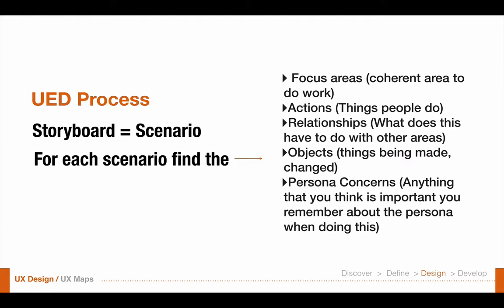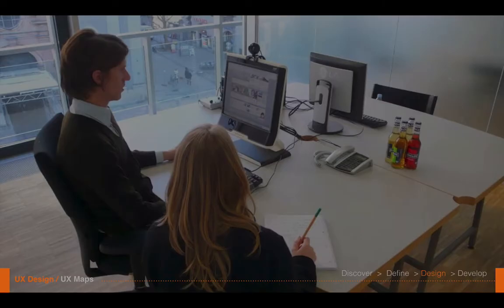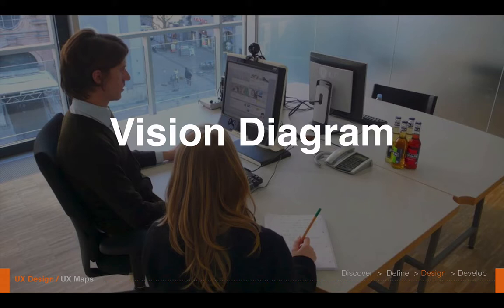So this is the second UX map that we are talking about. The first one is UX journey, the second one is UED, user environment design, and the third one we are going to talk about is vision diagram.